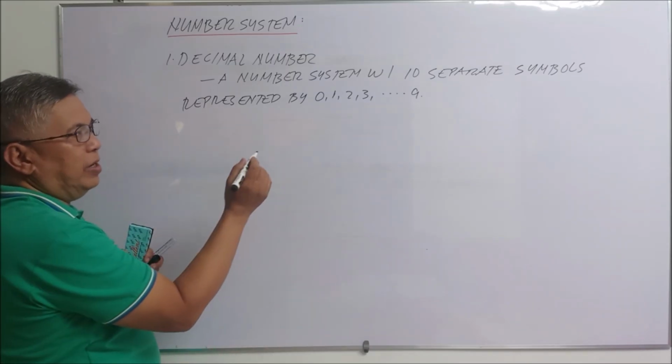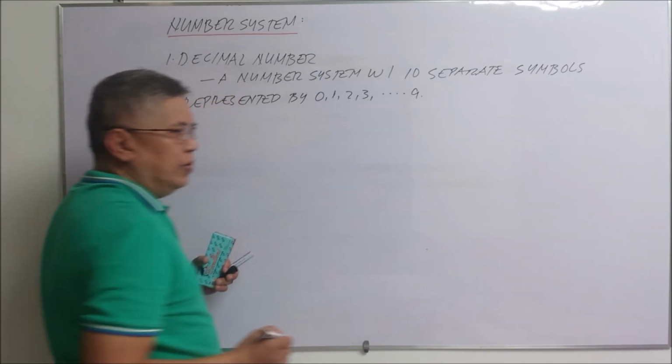So we have 10 separate symbols from 0 to 9.